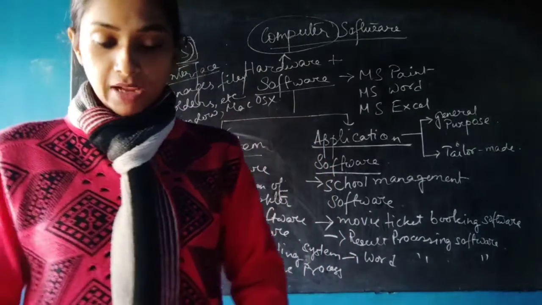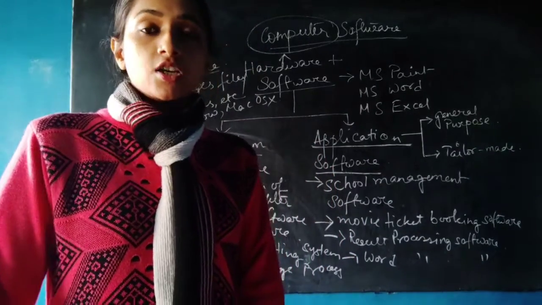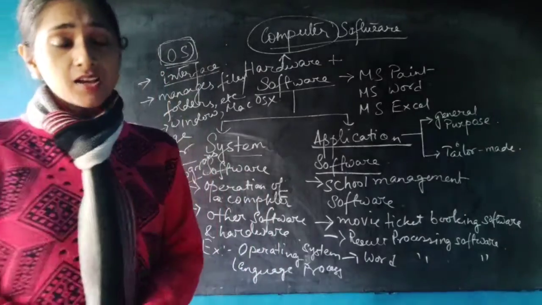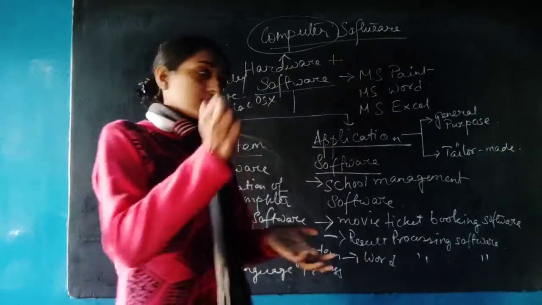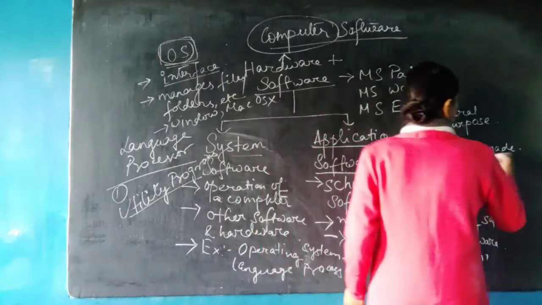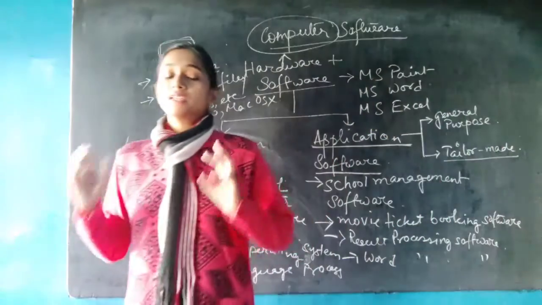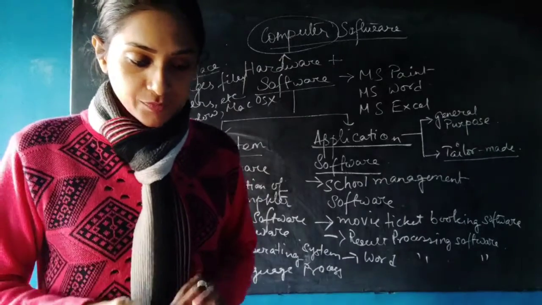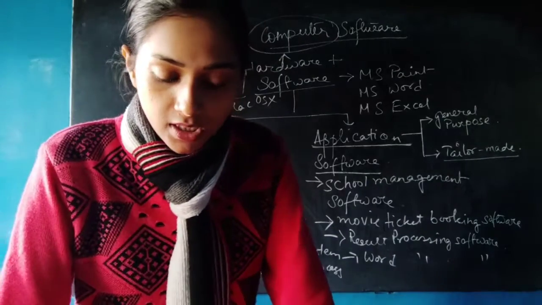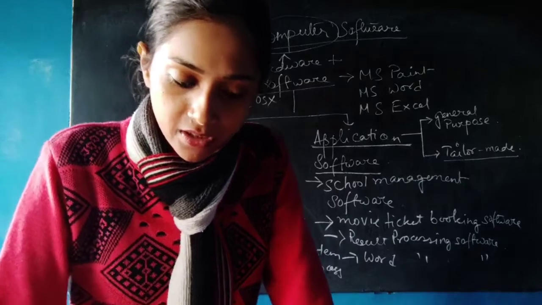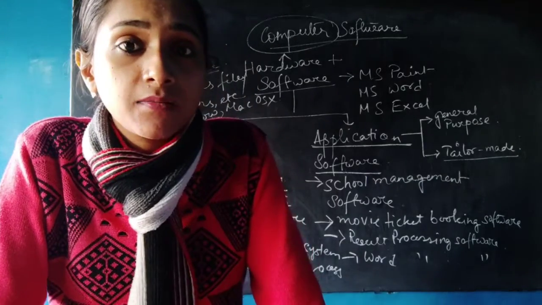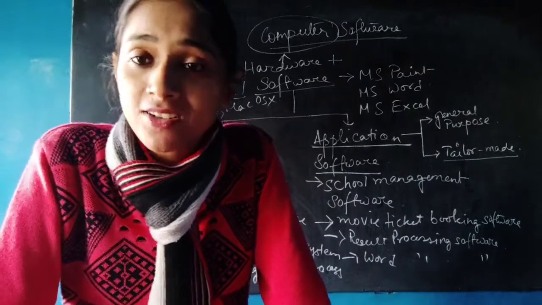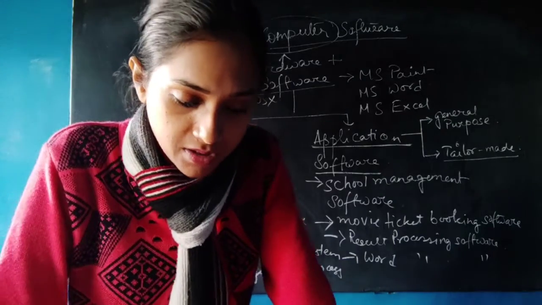For your personalized requirement, there is another type of software, that is tailor-made. Tailor-made means it will be made only for you. Tailor-made software is not readily available in the market, and it is made according to the need or want of the customers.